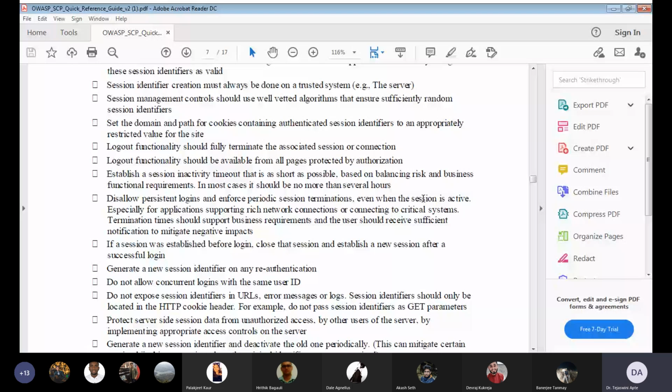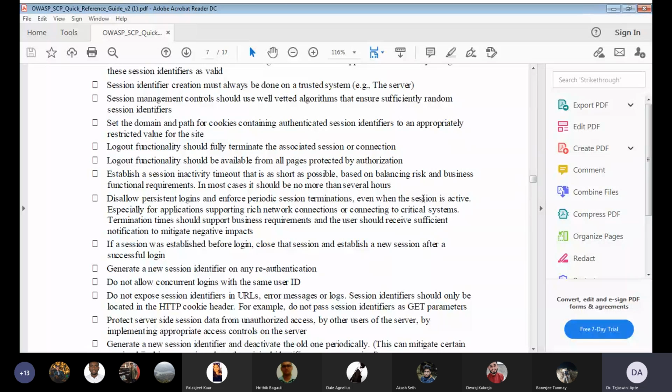The majority of the attacks are done when the attacker is trying to impersonate the session, or trying to copy the session. So in that case, you need to understand what vulnerability the session could introduce.